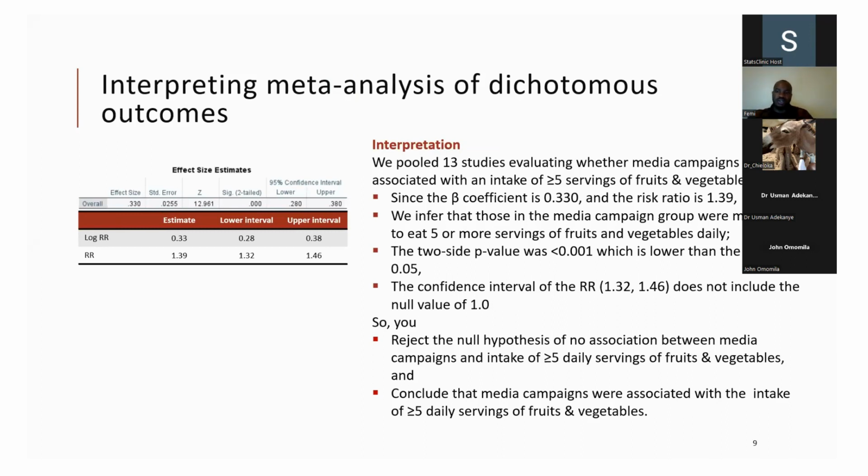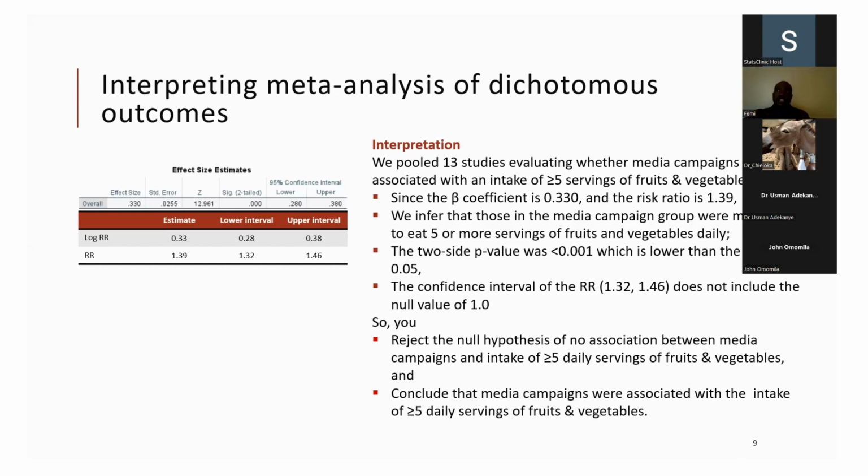A risk ratio of 1.39 is obviously favoring media campaigns, particularly because your confidence interval does not include the null value of 1. Don't forget, risk ratio is something divided by something.